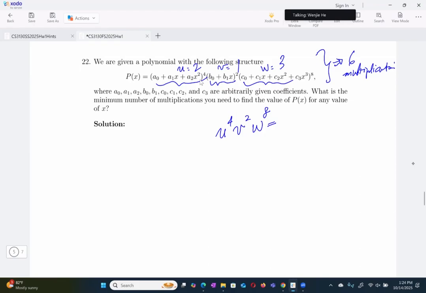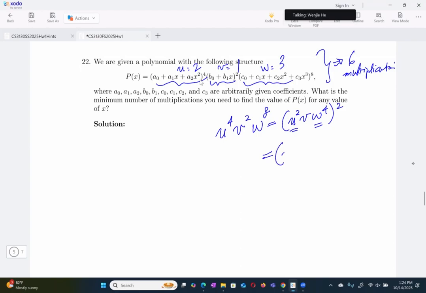First, 1 square sharing for all these variables, V, W to the 4th square. So 1 square sharing, first level. Then you have U and W with a square structure.